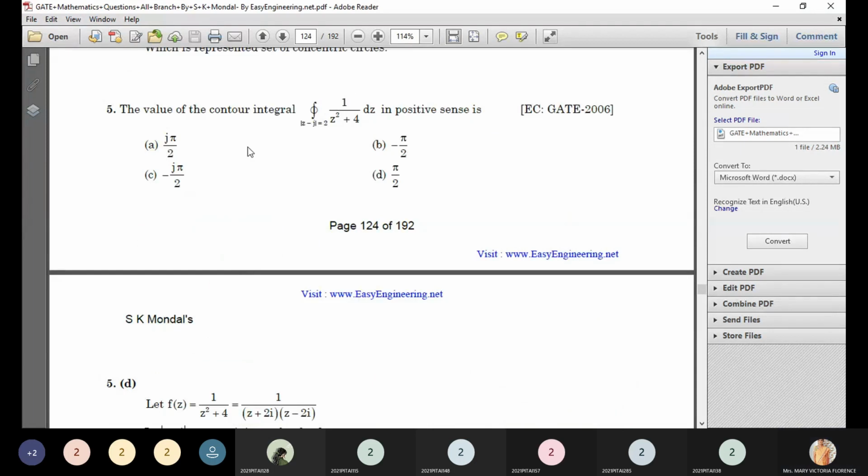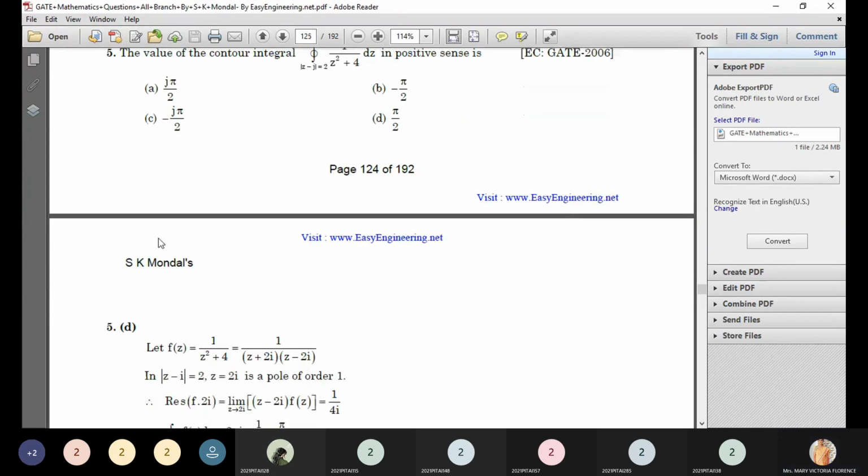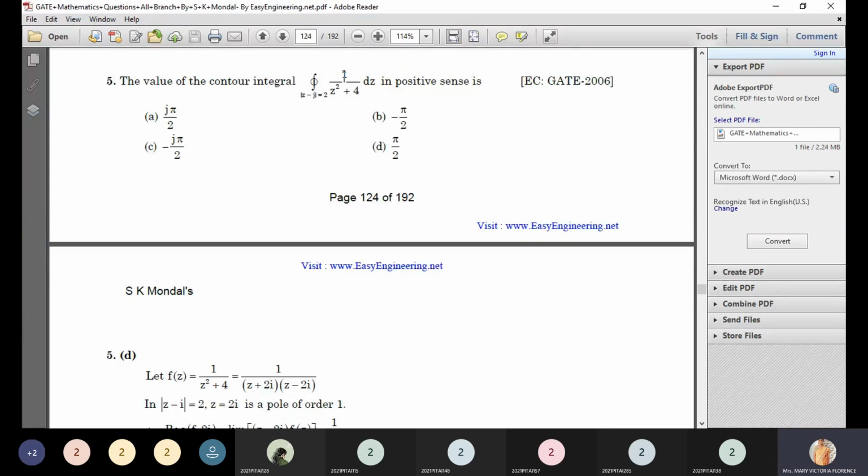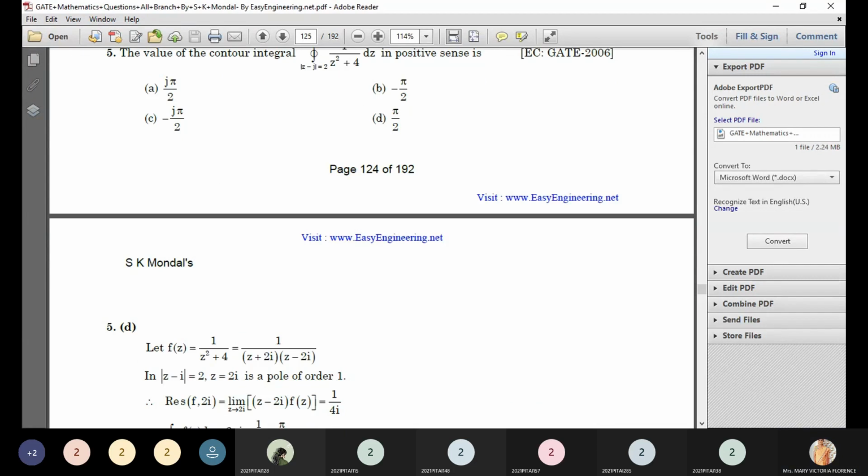Now, the value of the contour integral over |z − i| = 2 of 1/(z²+4) dz in the positive sense. You have to take f(z) as 1/(z²+4).